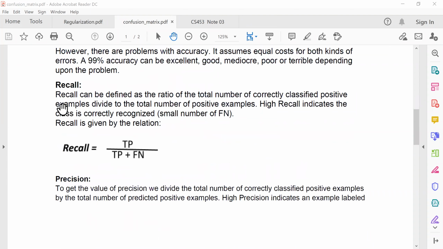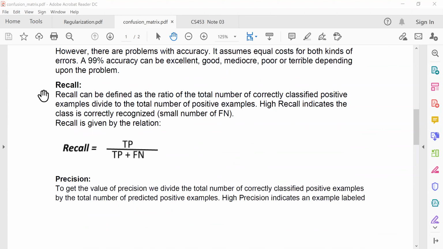There are a couple of other measures that you can use for performance. The first is called recall. Recall is true positive over true positive plus false negative. That's the ratio.